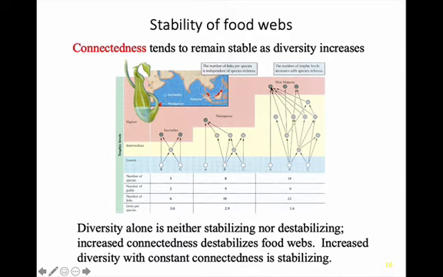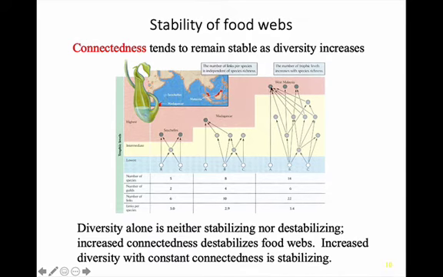The more individual species are connected to other species, the less stable the food web will be. So adding other species that can make many connections is not necessarily a stable thing to do.